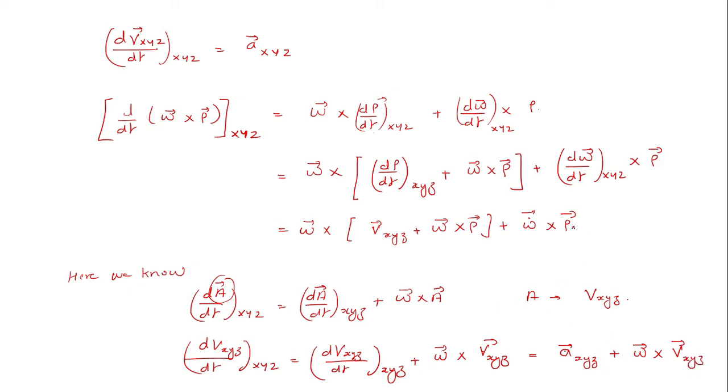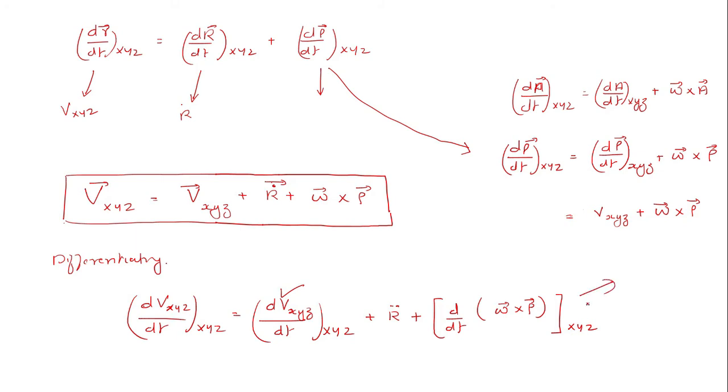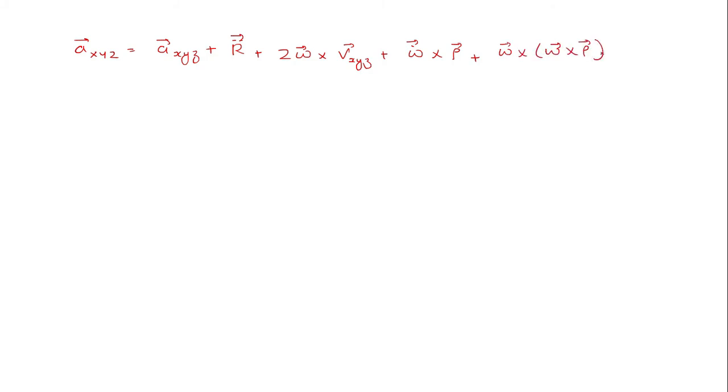So substituting all of these in the above equation, we get acceleration with respect to capital XYZ equal to a with respect to small xyz plus r double dot vector plus 2 omega vector cross v with respect to small xyz vector plus omega dot vector cross rho vector plus omega vector cross omega vector cross rho vector.